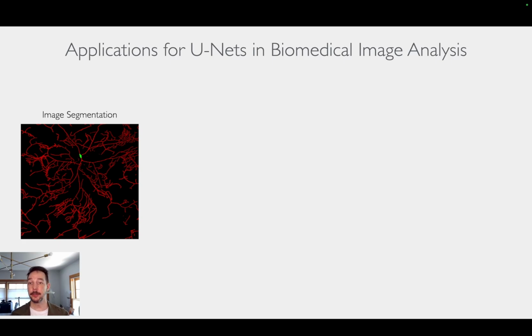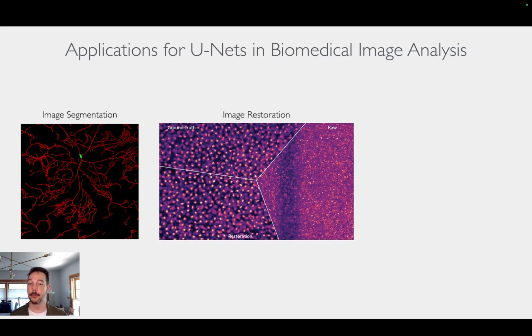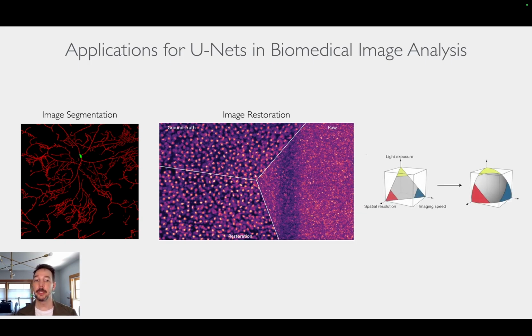And of course, the applications for this should be obvious. Image segmentation, which is a big problem for many of us, can be really well solved using the UNet approach. Image restoration is an incredibly important technique for being able to image quickly or image in live samples. The combination of these two allows us to push the boundaries of what's possible with microscopy.